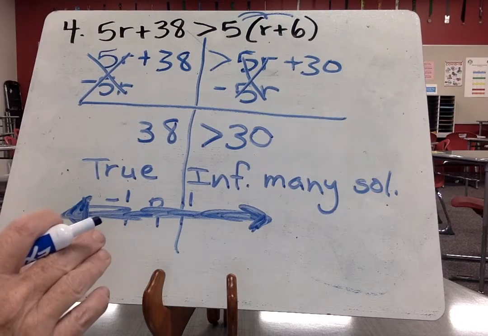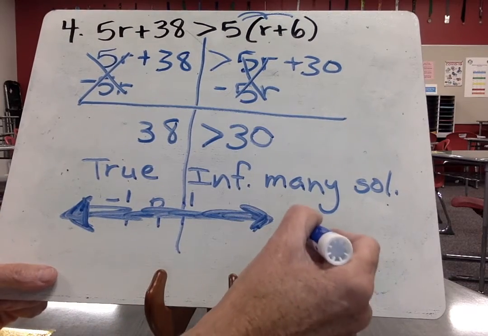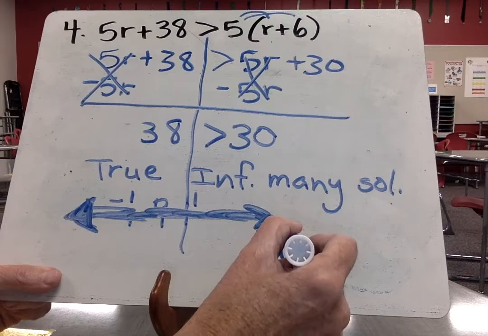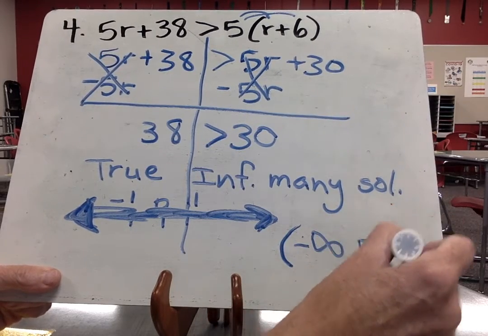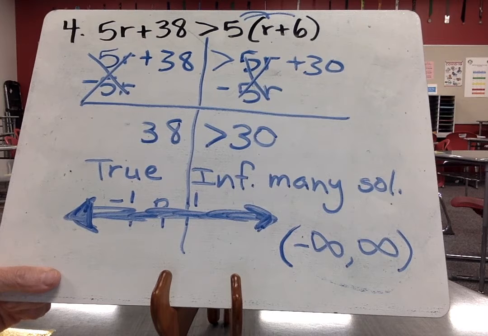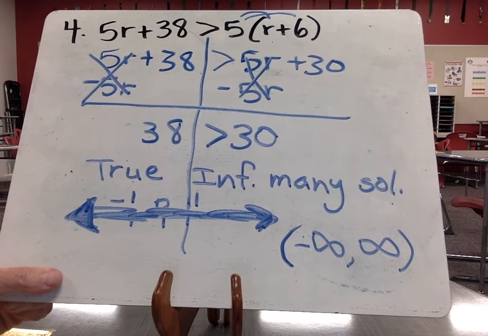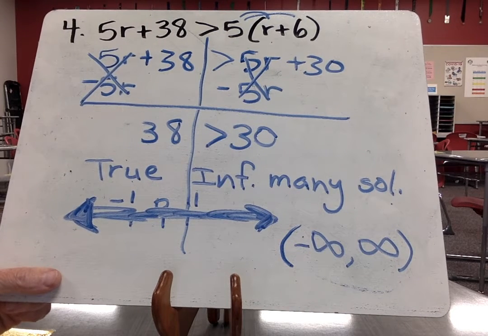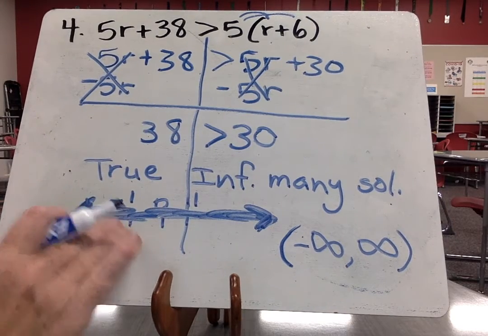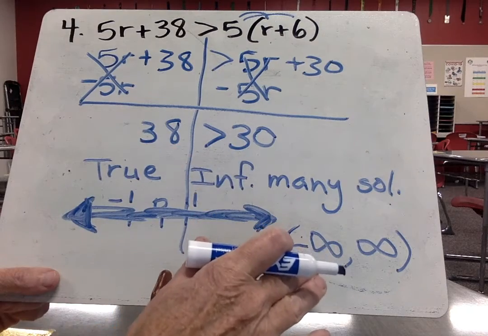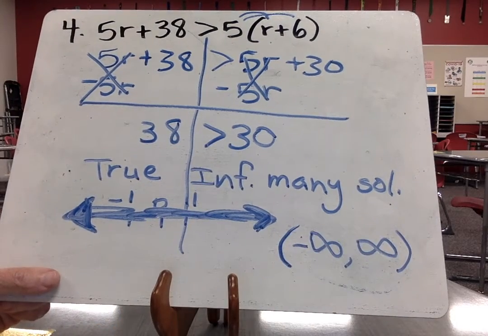And how do I do that in interval notation? I'm going to go lowest number is negative infinity. It goes all the way up to positive infinity. And then I'm done with that one. So you need those three things: infinitely many solutions, the number line colored in, and negative infinity, comma, positive infinity.